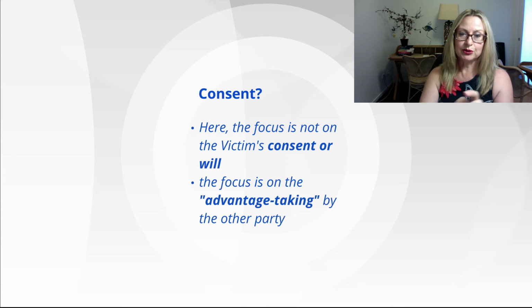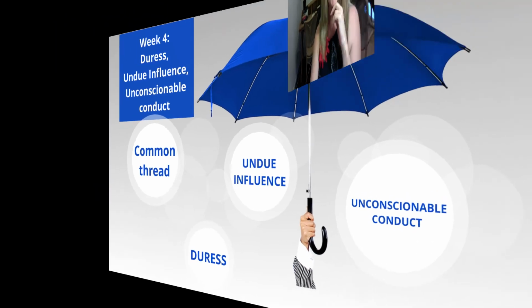Okay, so really the thing that separates unconscionable conduct from both duress and undue influence is that focus on the wrongdoer, if you will. Okay, what did they do that was naughty or improper, or as equity would say, unconscientious or inequitable or unconscionable? Okay, so they're our common threads.